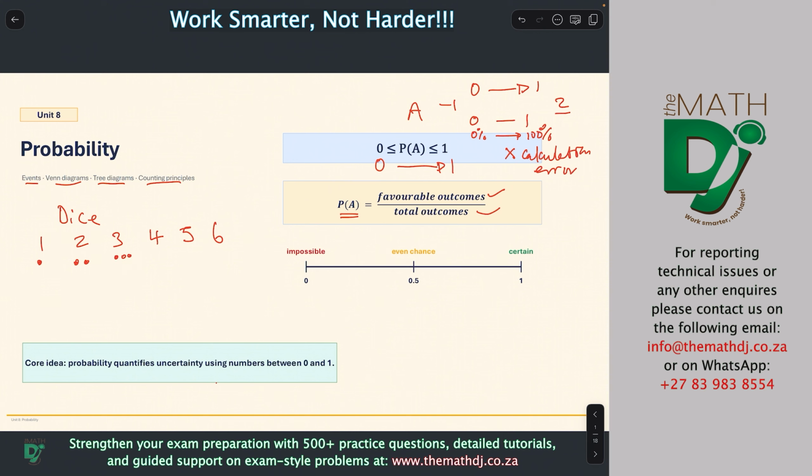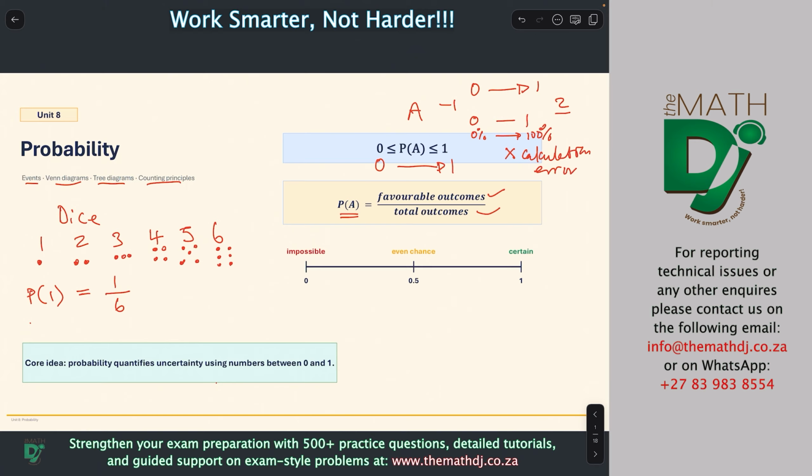So the probability of getting a 1: the number of favorable outcomes is 1, over possible ones, there are 6. So the probability will be 1 over 6.